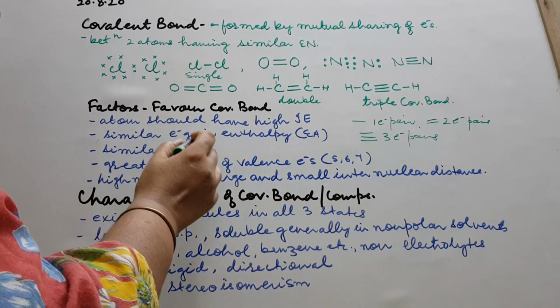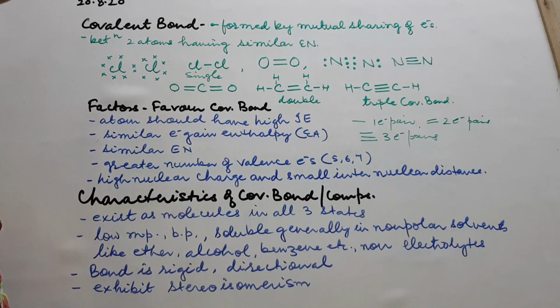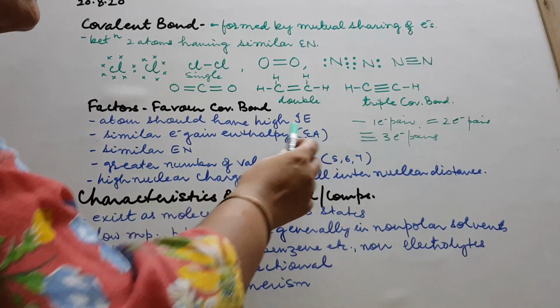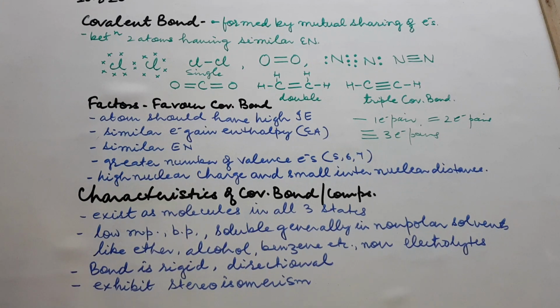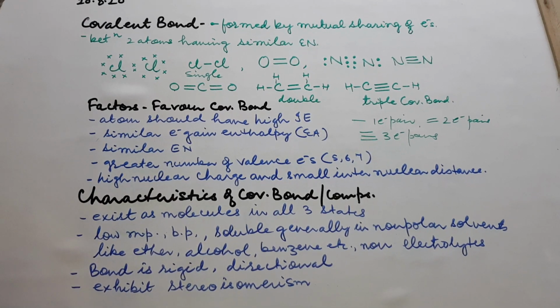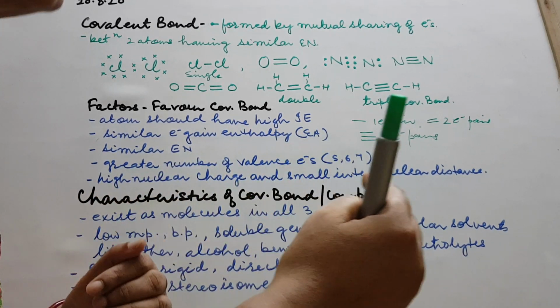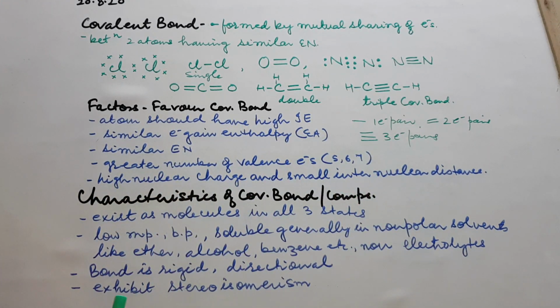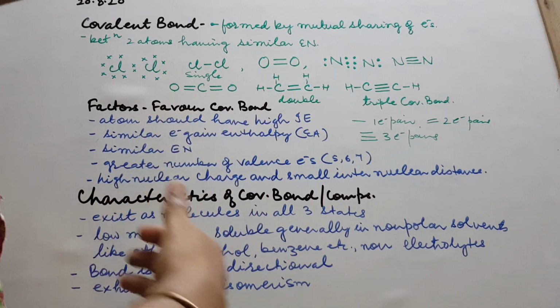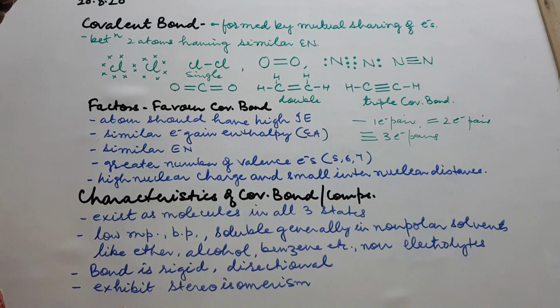Then similar electron gain enthalpies, means both the combining atoms should have nearly same values of electron gain enthalpy or say electron affinity. Means both should be having same power, same energy. They both should be having similar value of energy being released when they both add up electrons.